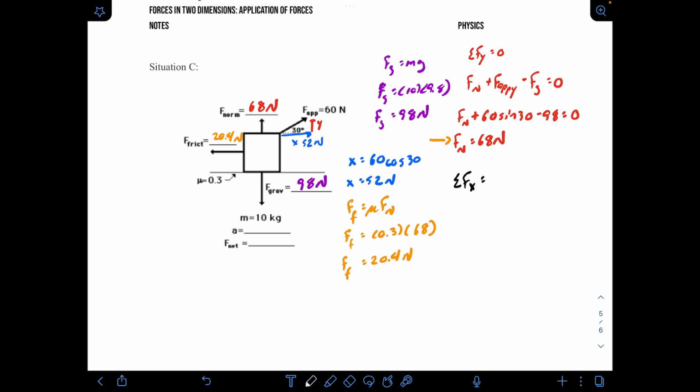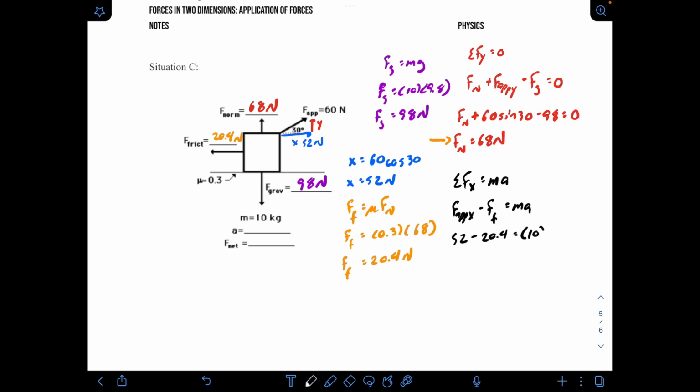So net force in the X direction is mass times acceleration. Looks like I have that applied in the X direction minus the friction force is equal to the mass times acceleration of the object. So it looks like that is 52 minus 20.4.